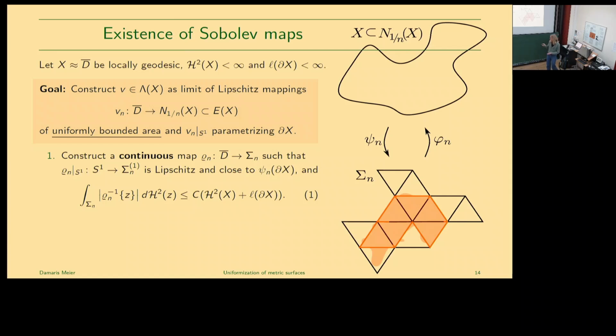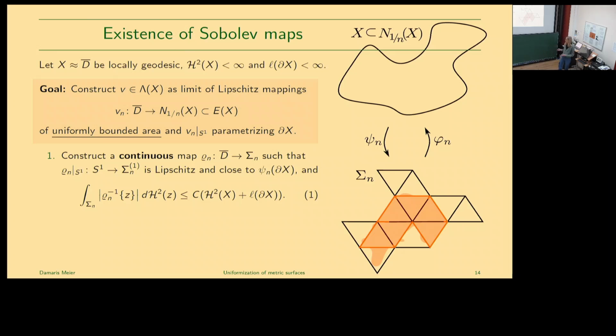And also we want that when we integrate over the multiplicity of the function, this is bounded by something depending only linearly on the Hausdorff 2 measure of X and the length of the boundary. Now this inequality is then used to give a uniform bound on the area.